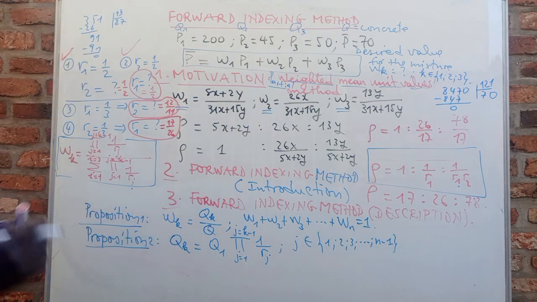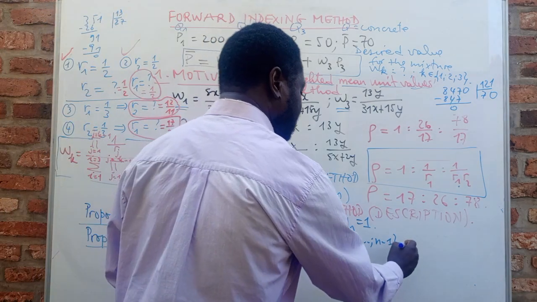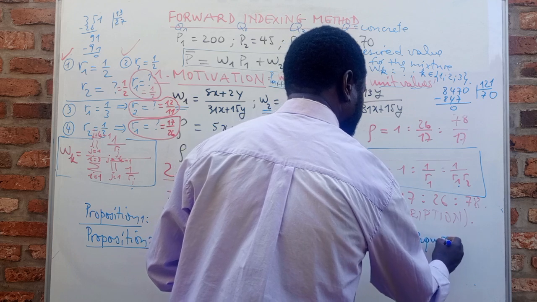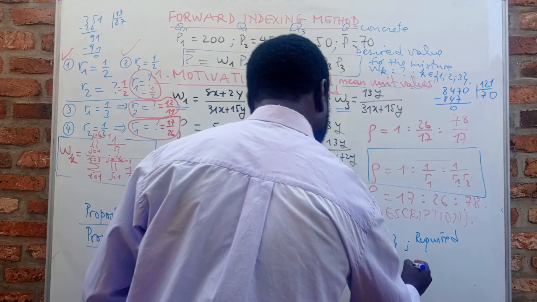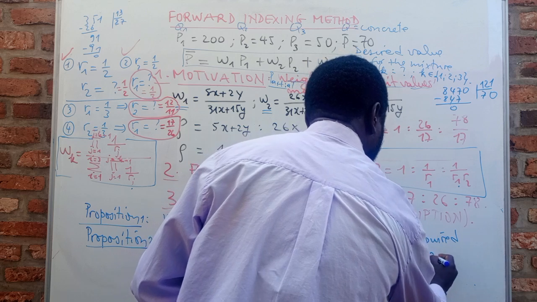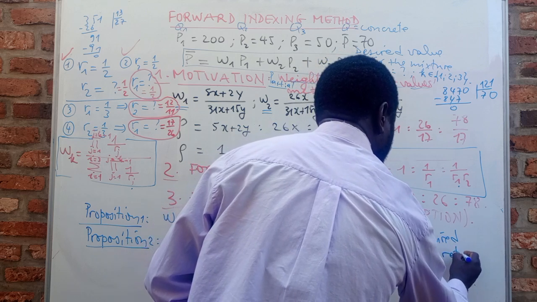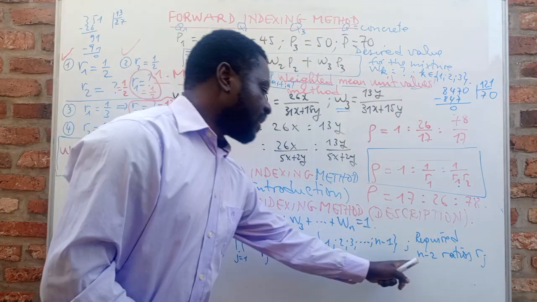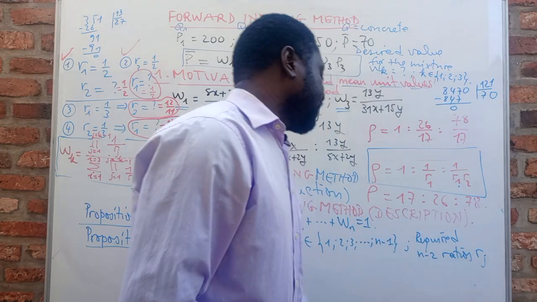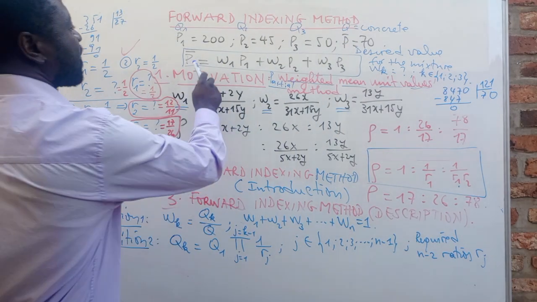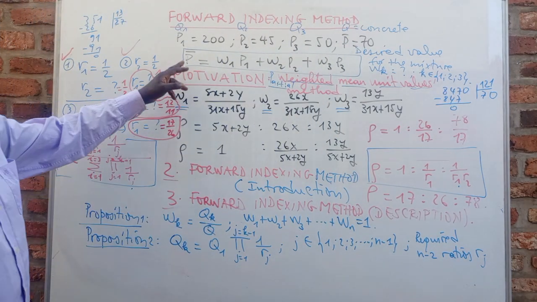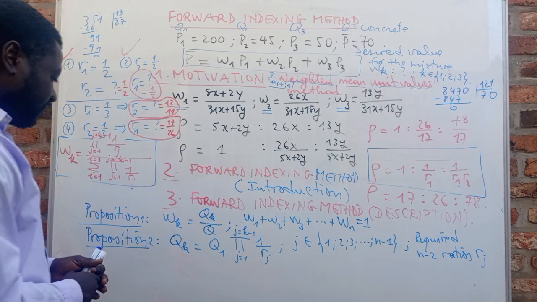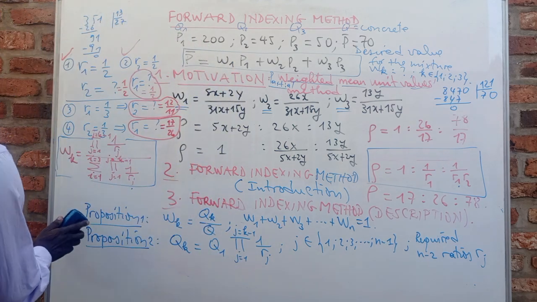But in order to calculate this one, we require only n minus 2 ratios Rj. Because if we know n minus 1 ratios, we can calculate the others by using this equation. Okay, those are the two propositions.